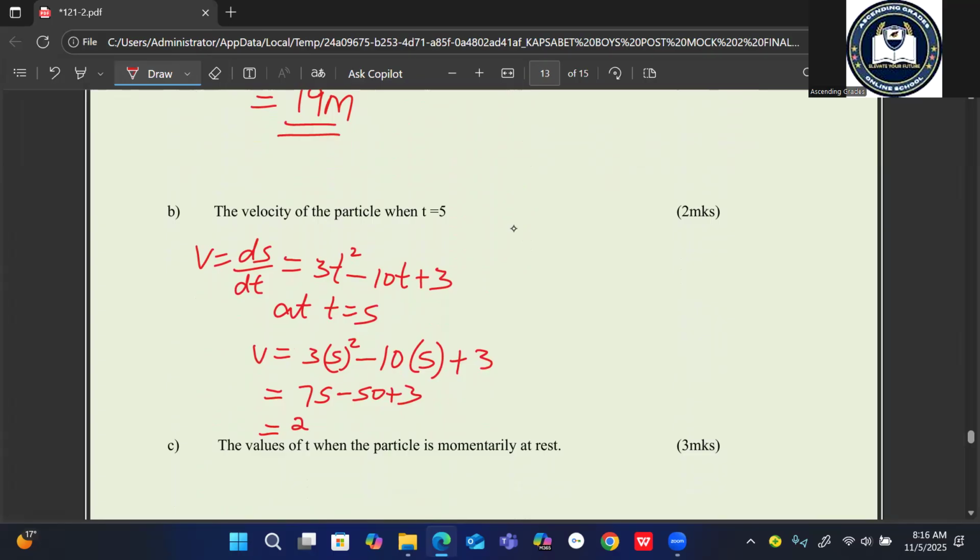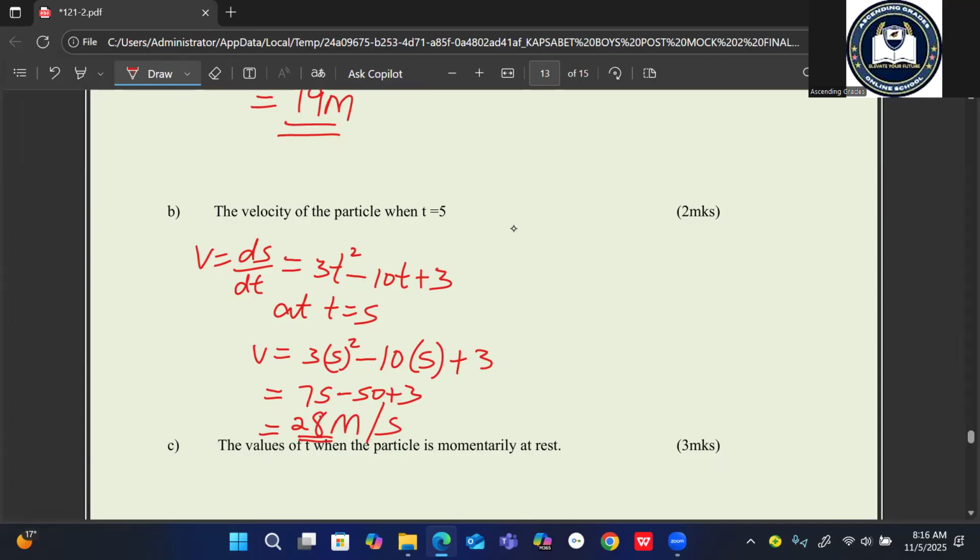At t is equal to 5, it should be 3 into 5 squared minus 10 into 5 plus 3. So that is 75 minus 50 plus 3, which gives us 28 meters per second.